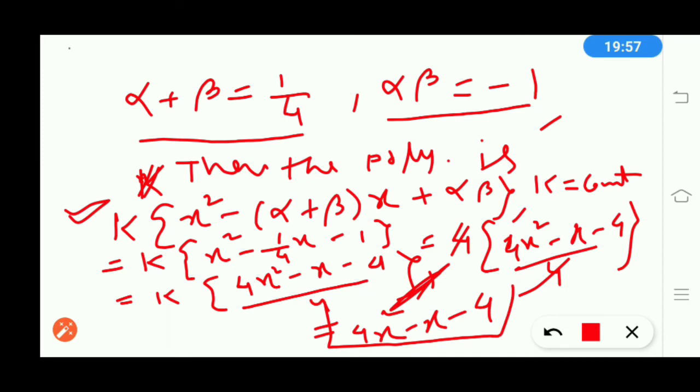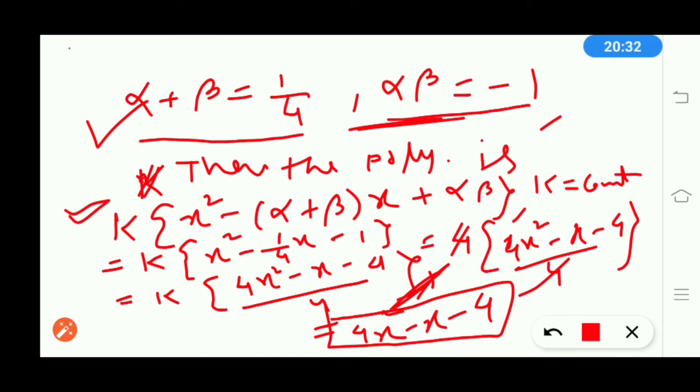So this is the required polynomial whose sum of the zeros is 1 by 4 and product of the zeros is minus 1. Clear? That means if in the denominator any constant term is present, no need to write the constant term, we just neglect it. If 5 is present in the denominator, then we choose the value of k as 5.